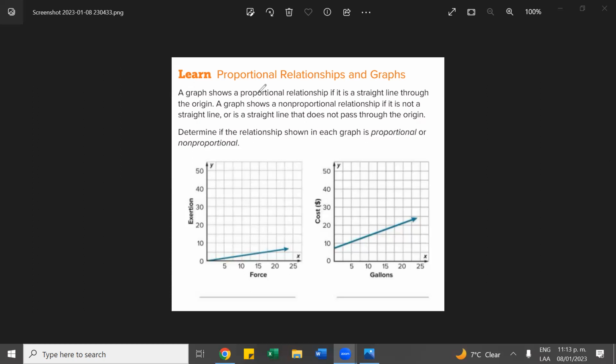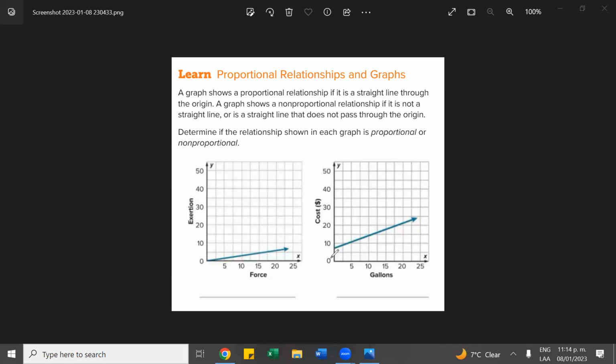We just read what a proportional relationship is in a graph and what a non-proportional relationship is in a graph. If you see here, the origin is 0, 0. This line starts right here, and that means it's the origin.